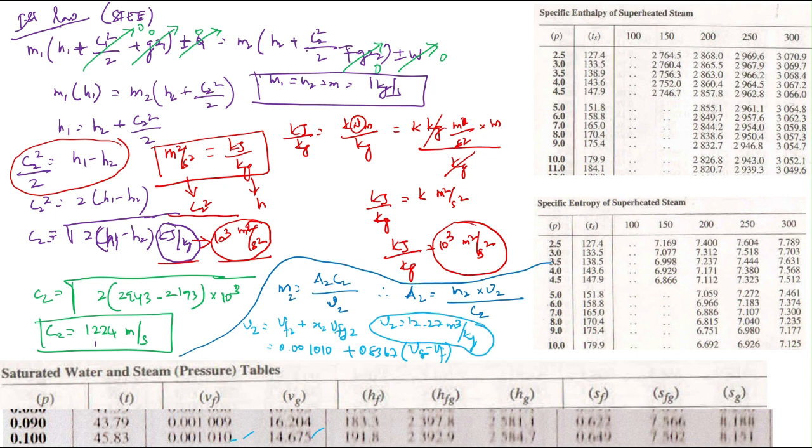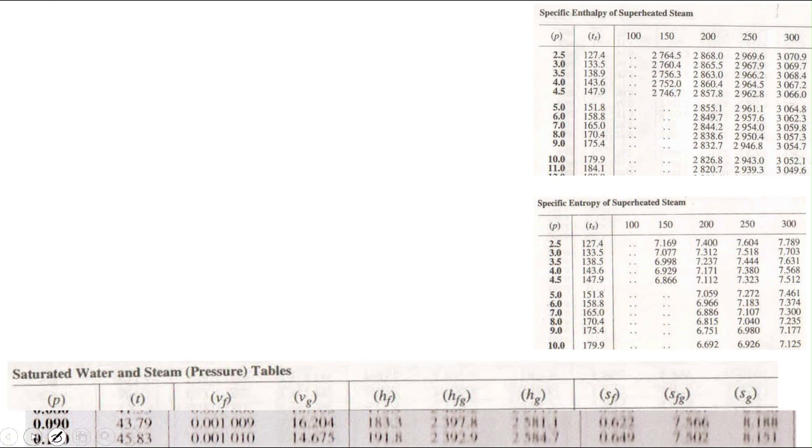Please note there is one clue in the relation. V2 is equal to Vf2 plus x2 into Vfg2, which can be written as Vg2 minus Vf2.